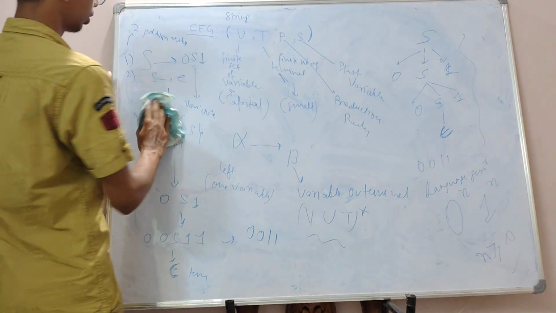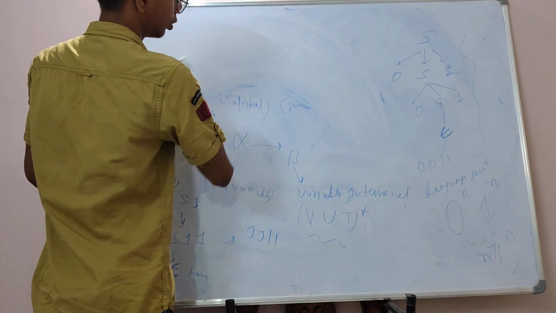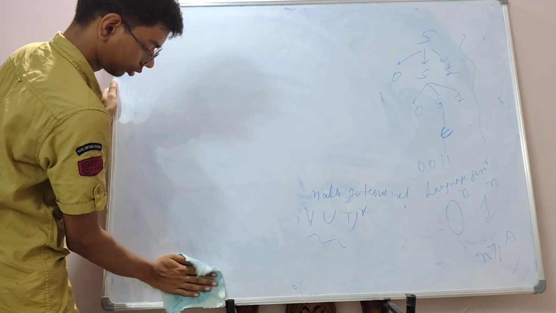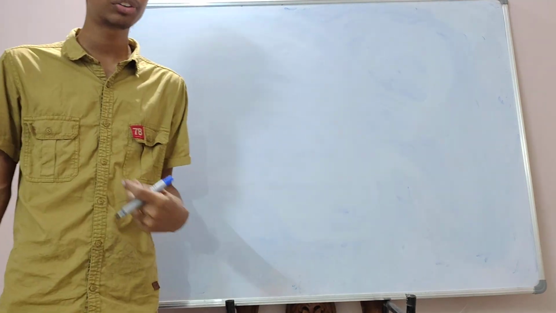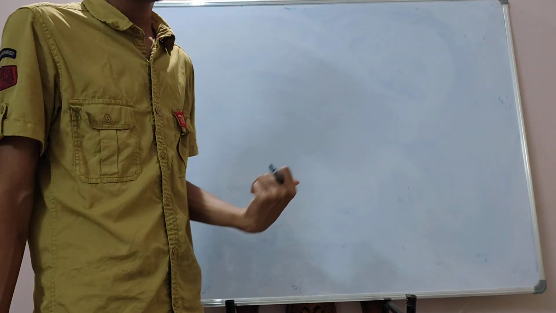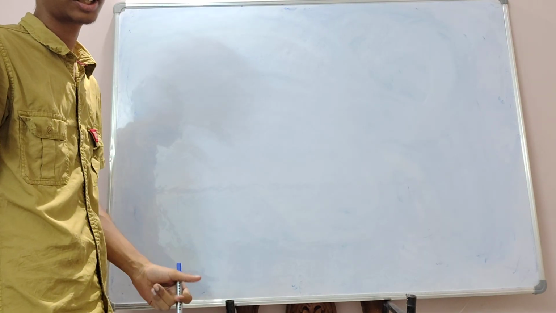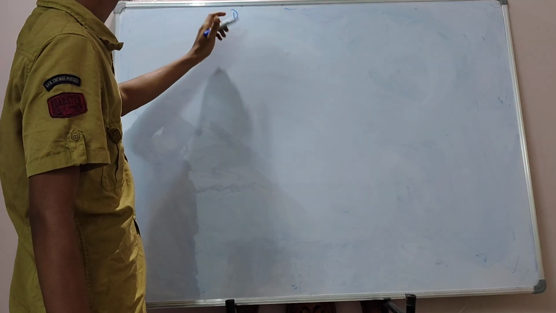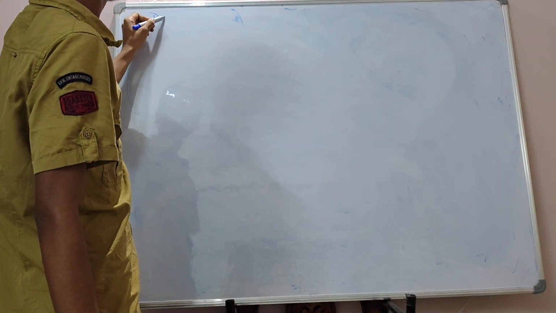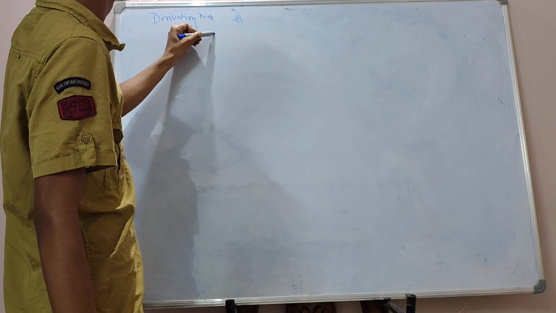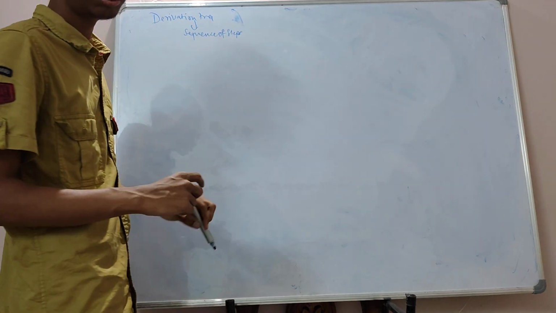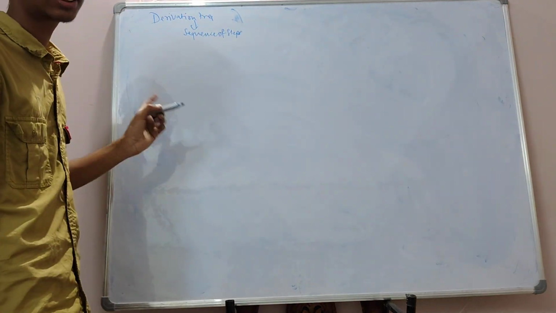A derivation tree is a sequence of steps followed to generate a word or a string from a given grammar.